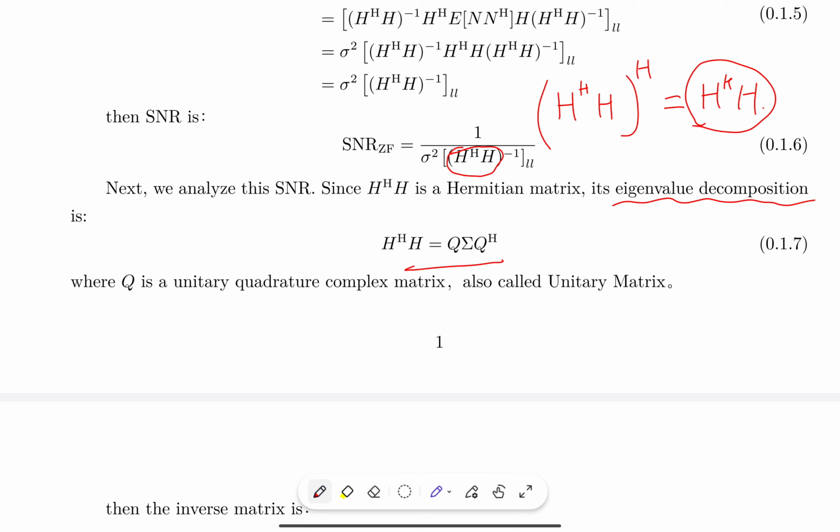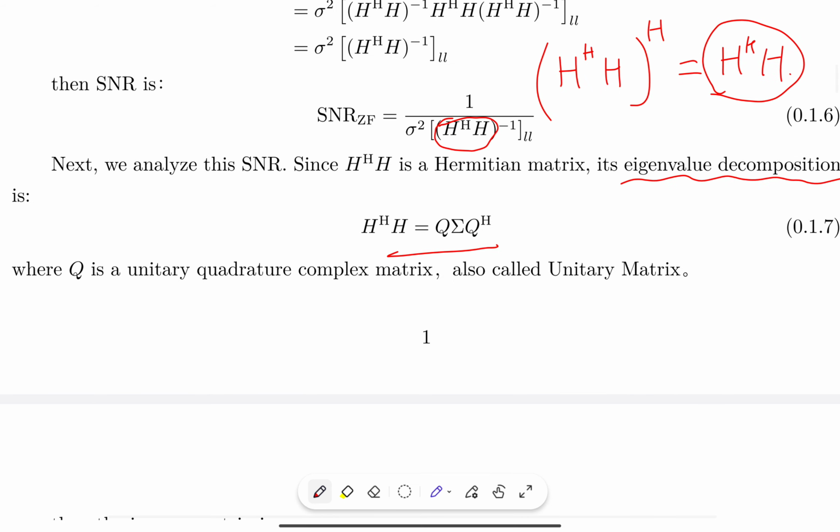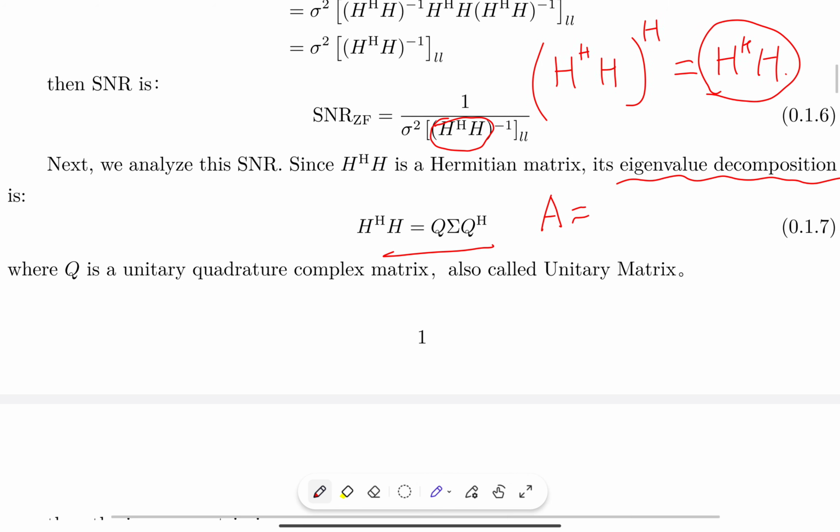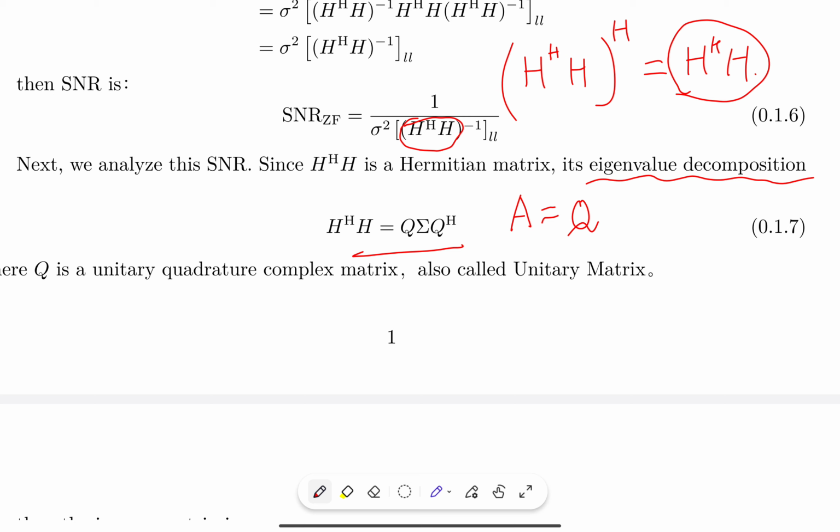We know that for a general matrix such as A, we do the eigenvalue decomposition and get Q times sigma times Q inverse. Because this is this type of matrix, we can use the conjugate transpose. It means Q inverse is equal to Q conjugate transpose.